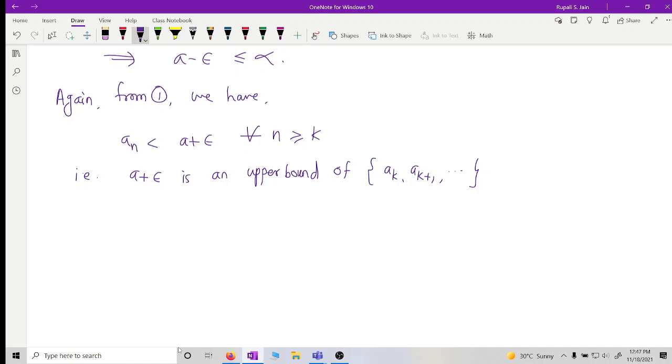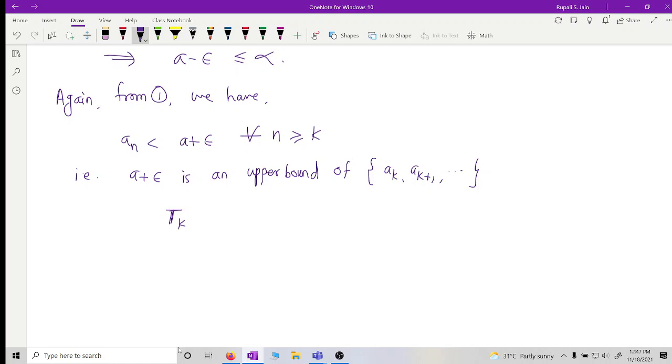But what is capital T_k? It is the supremum. This is an upper bound, and T_k is the supremum, so it is the least upper bound.